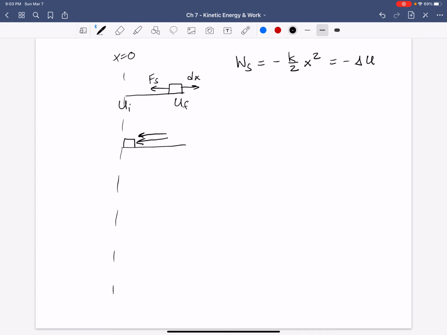It's being pulled, being accelerated back towards equilibrium. So both the force and the displacement are in the same direction now, so we will get a positive work value. The spring does positive work. It accelerates that object because it pulls in the direction that it's moving. Well, work is always equal to negative delta U. Now it means that the potential energy change is decreasing.